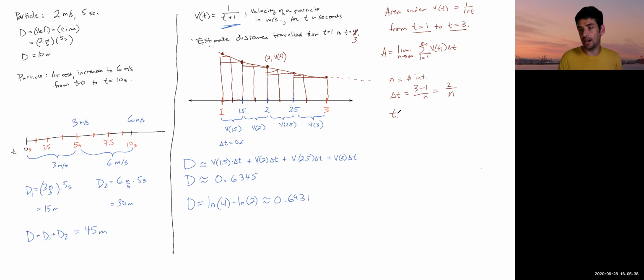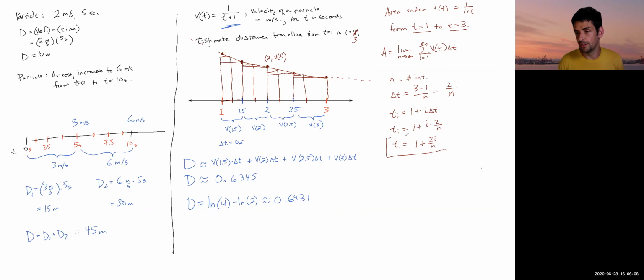And for t sub i, I'm going to use right endpoints again. We start at the first endpoint and we add i delta t. In this case, that means t sub i is equal to 1 plus i times 2 over n. I'm going to just leave it as 1 plus 2i over n, okay?